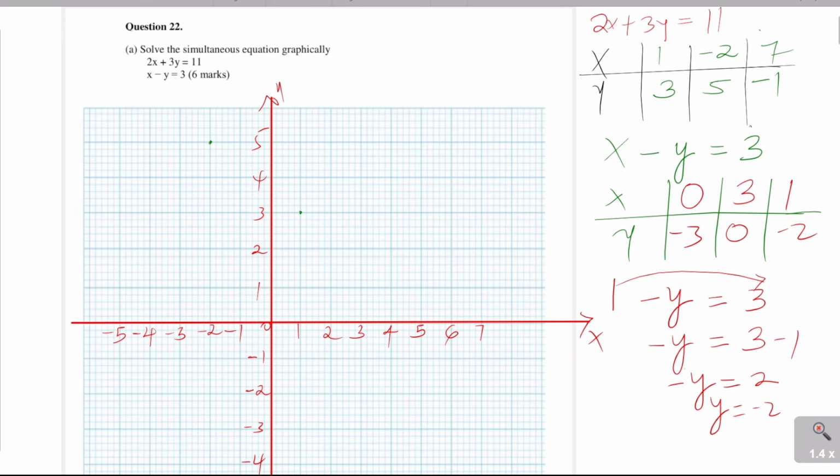Then 7, negative 1. So 7, negative 1 will be there. So now these are the 3 points. You join them using a straight line, and use a ruler for this.